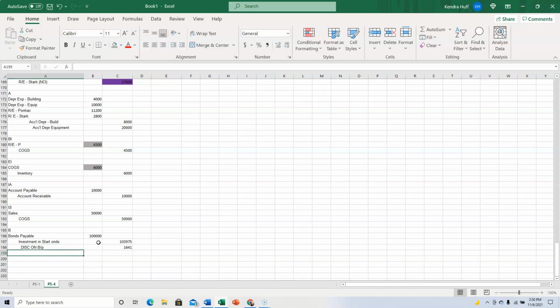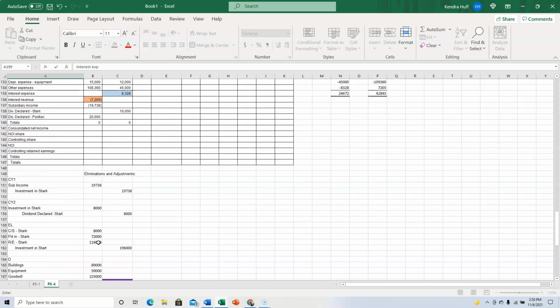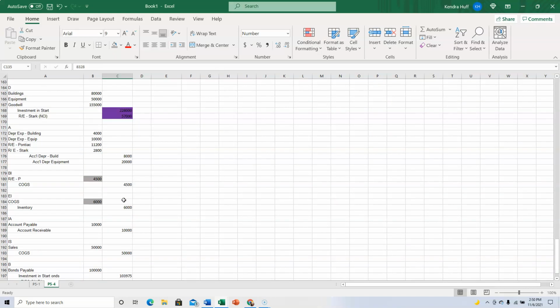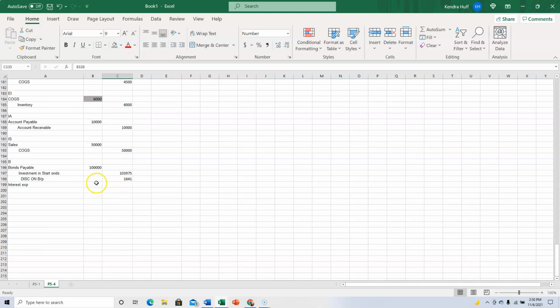What do I have to do on my interest expense and interest revenue? So interest expense was originally a debit right here. So I need to take it off. I have to credit. I literally just said what I had to do, and then I'm starting to write the opposite. 83.28.